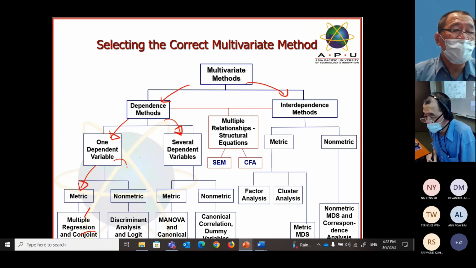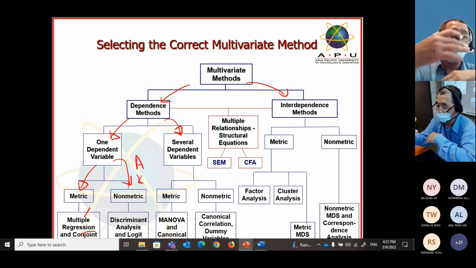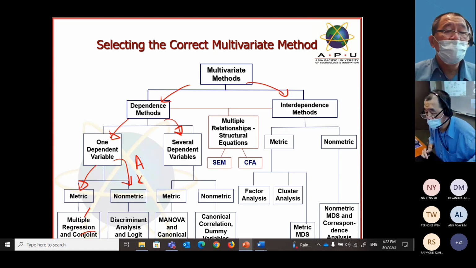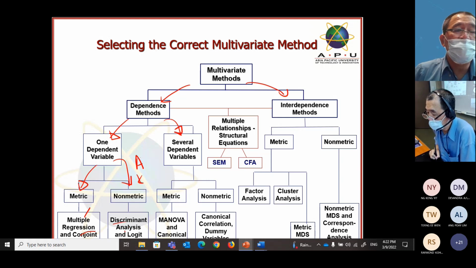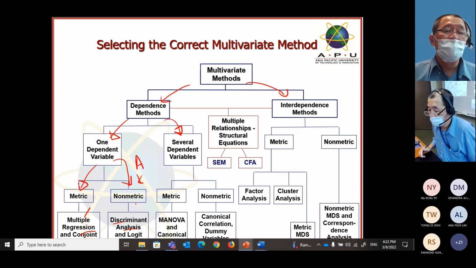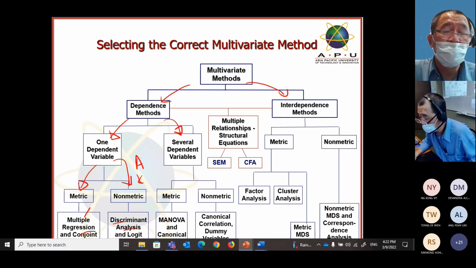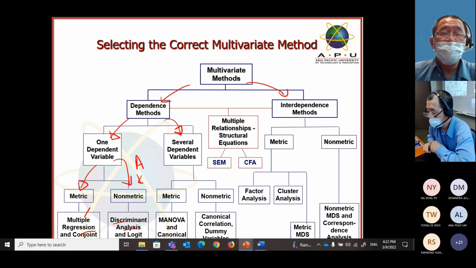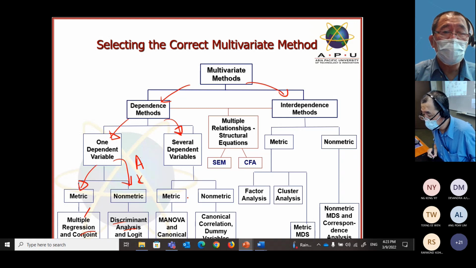Your dependent can be non-metric, discussed a bit just now, either your application will be accepted or KIV, different non-metric categories. So this one can be discriminant analysis or logit. You will see both in this module. Discriminant here means multiple discriminant analysis. There can also be several dependent variables, but we're not going to see that much on this.